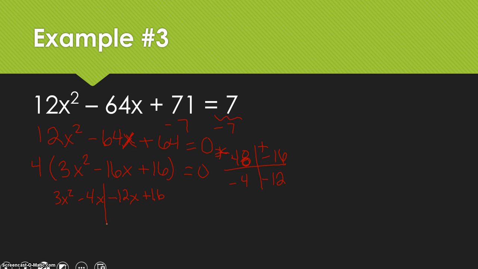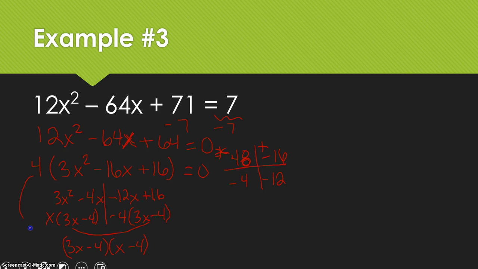And factor by grouping. You can take an x out of the first one, and I get 3x minus 4. I want to take out a negative 4 out of the second one to get 3x minus 4. So now I've got 3x minus 4 and x minus 4 as my factors.